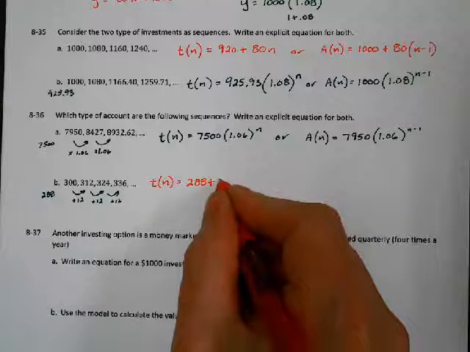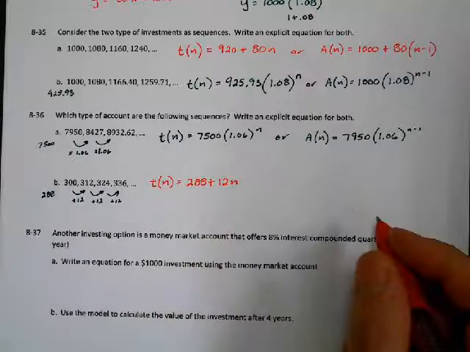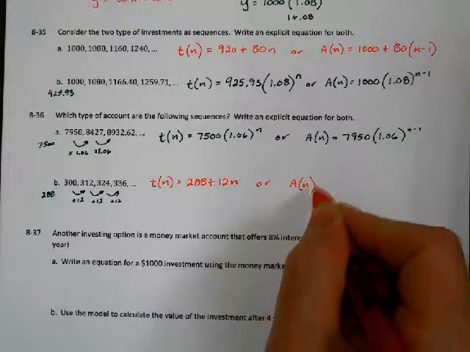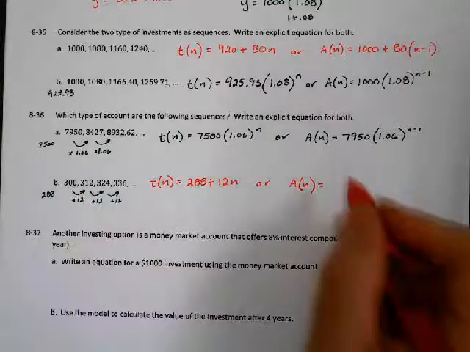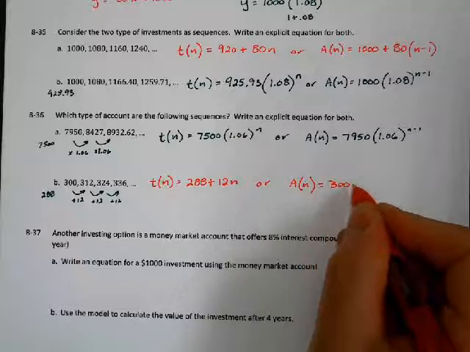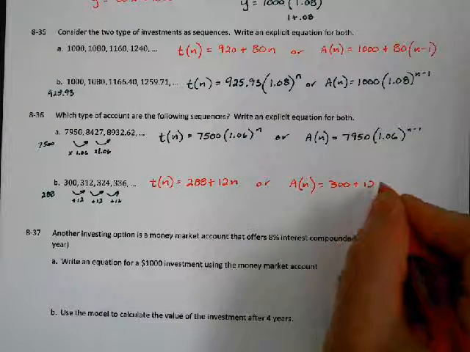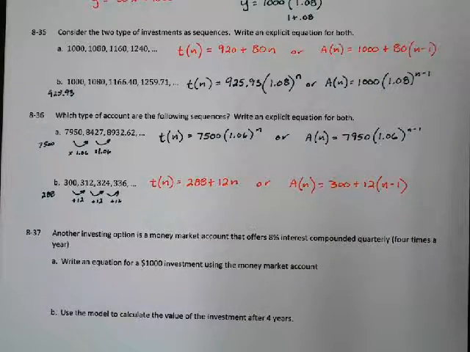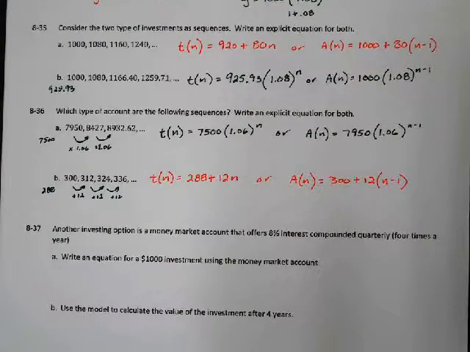Or if we wanted to use the new method for doing this, the initial value is 300. And then we're adding 12 each time for every n minus 1 terms. So again, this one uses the 0th term. This one uses the initial value.